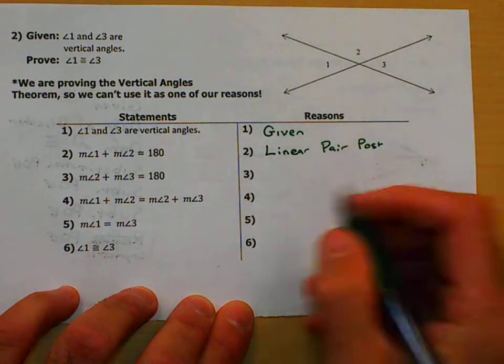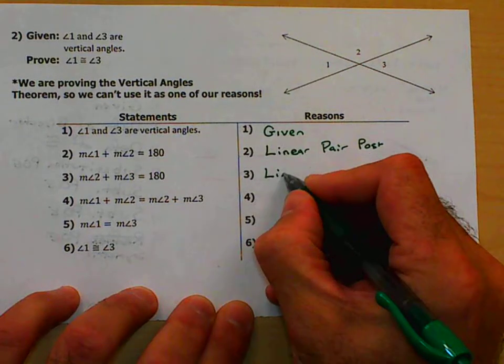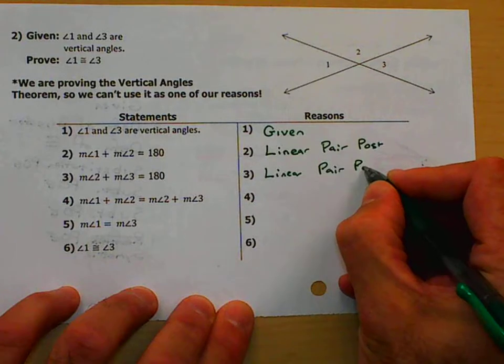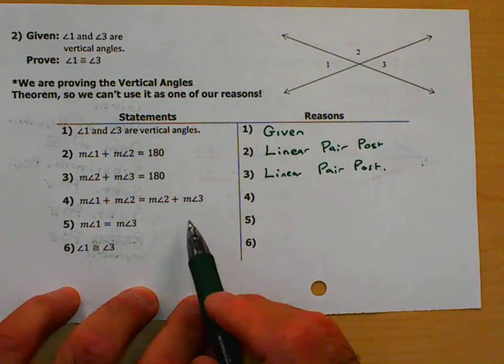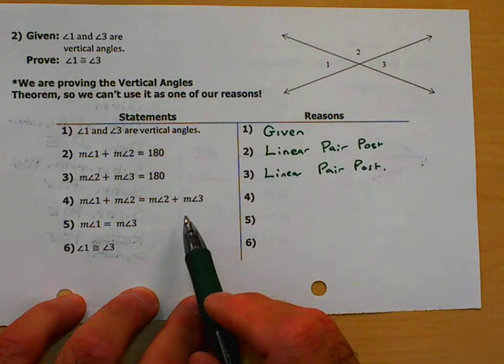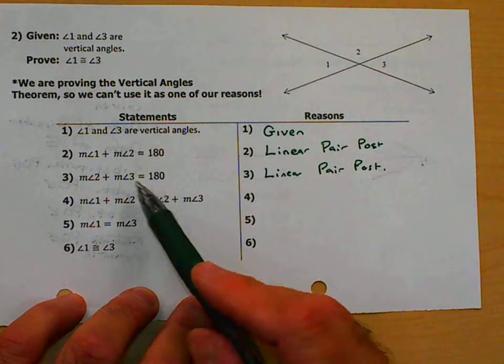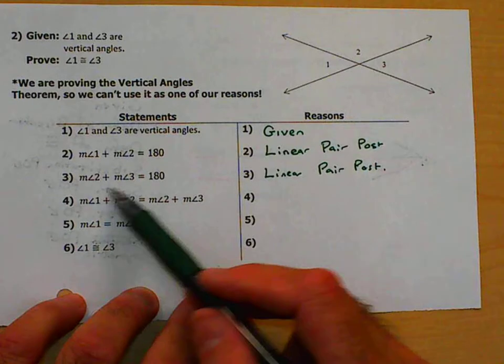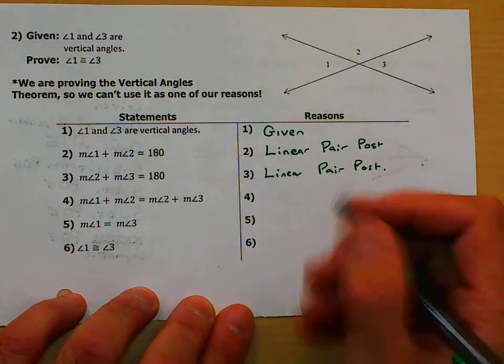And same thing for 2 and 3. Those are a linear pair postulate. Then the next one, well, we're basically substituting in this for the 180, so it's substitution property.